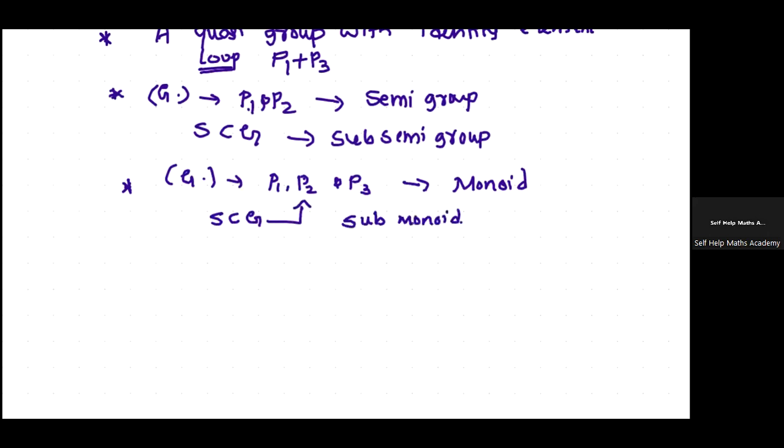Okay. So now the very important one, we also take it as postulate number 5. The P5 is commutativity.